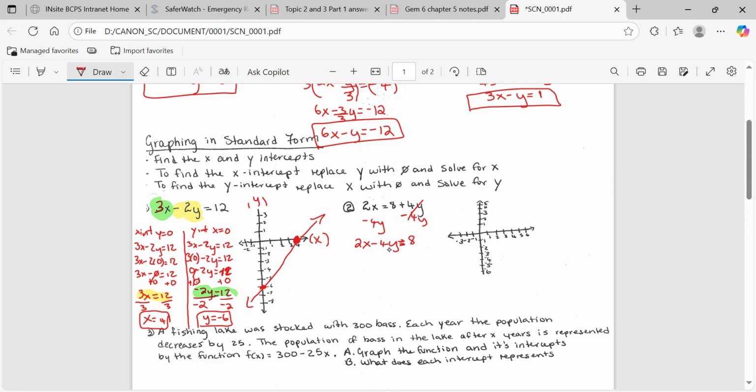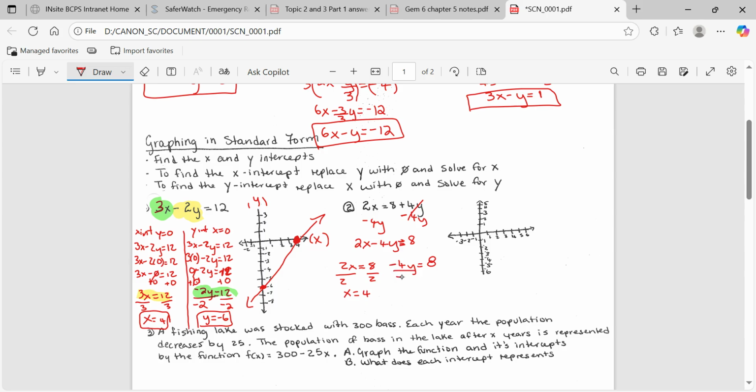To find the x-intercept, I'm going to cover up that y, kind of ignore it. So that 2x is equal to 8, and I divide by 2. My x-intercept again is at 4. For the y-intercept, I'm going to cover up the x. So that negative 4y is equal to 8, with that sign in front.